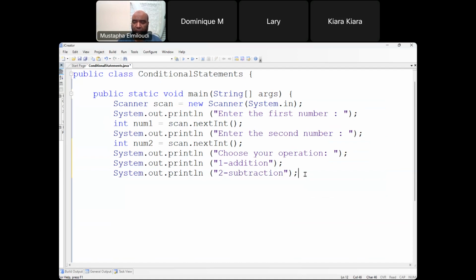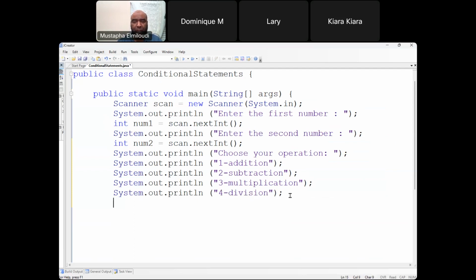And if they enter 3, that means multiplication, right? Multiplication. And just to make it easier, we're going to just choose 4. So this is just to explain to them. 4, then division.